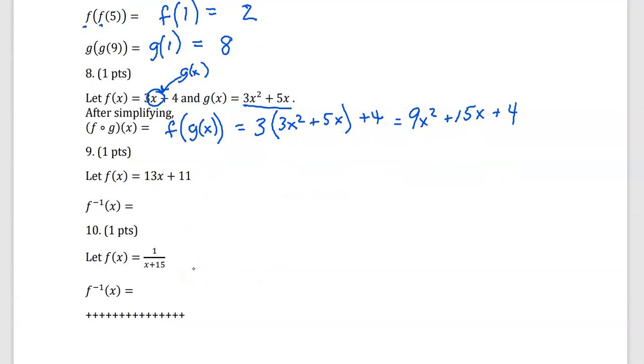Inverse, remember what we do. We put this in the form y equals 13x plus 11. Solve for x, and then switch the x and the y to get inverse of x. So, solve for x. Well, subtract 11 from both sides. Now, divide both sides by 13, and x is by itself.